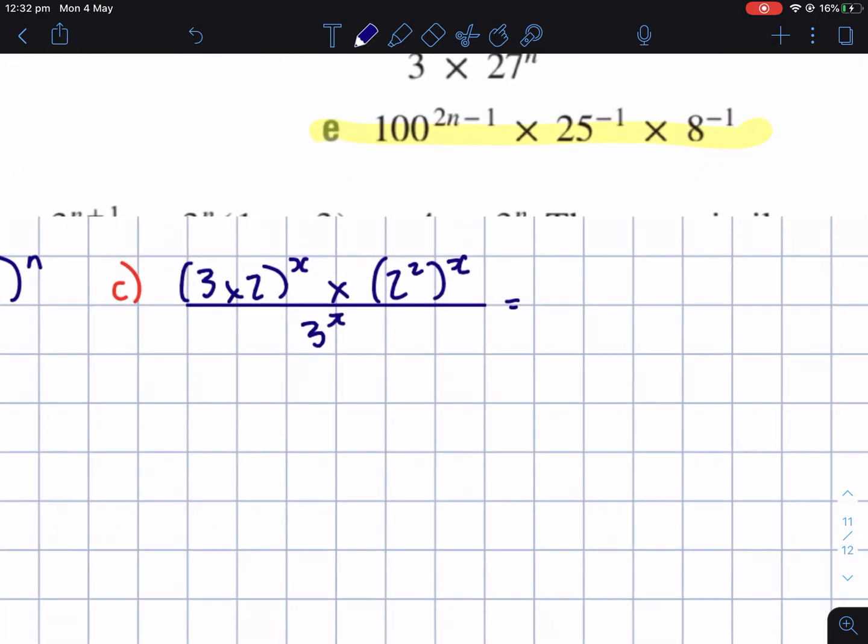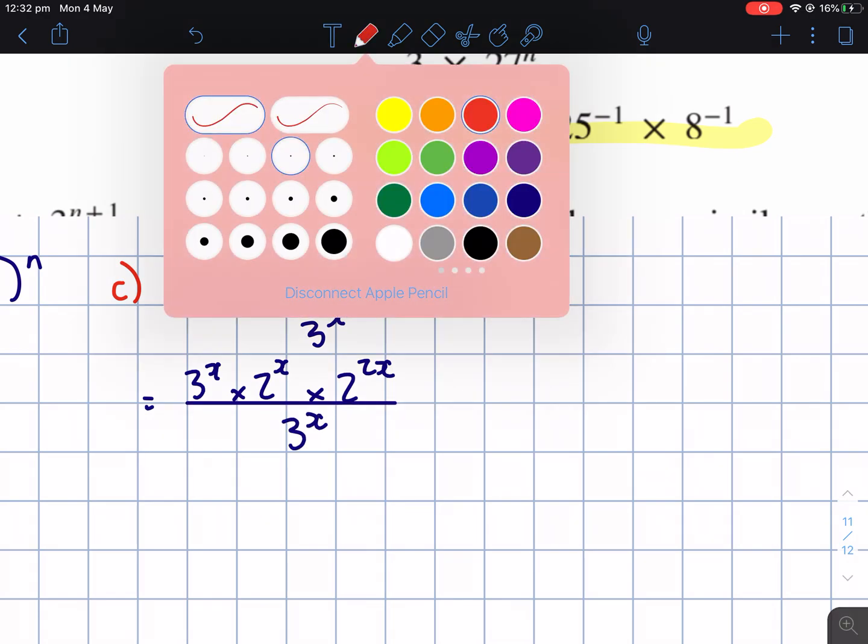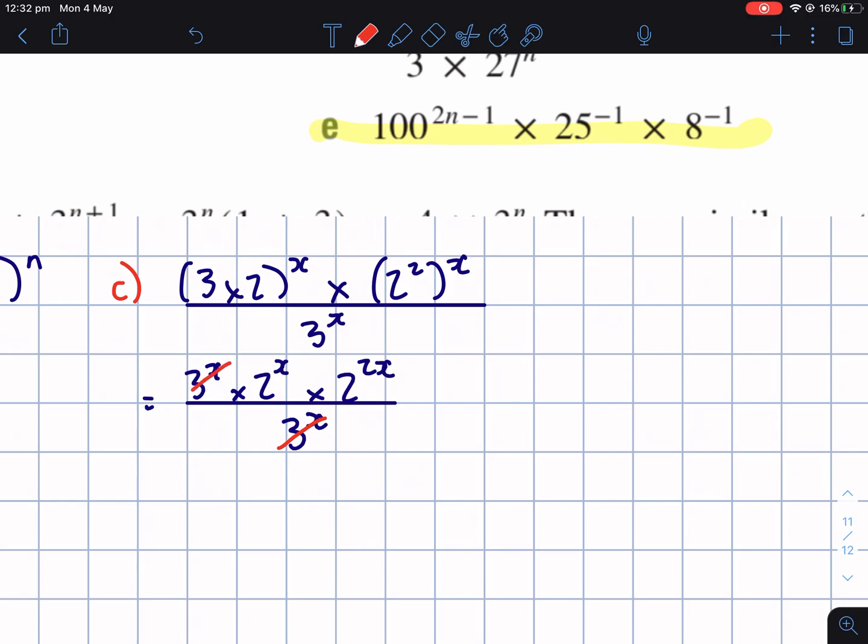So this is the same as 3 to the x times 2 to the x times 2 to the 2x, over 3 to the x. See what's going to cancel out? And we're left with 2 to the x plus 2x, which is 2 to the 3x.